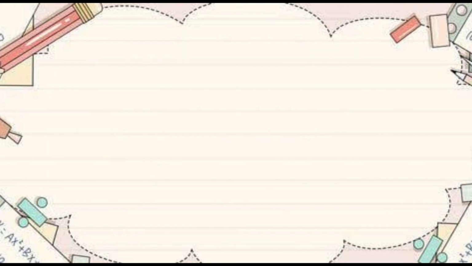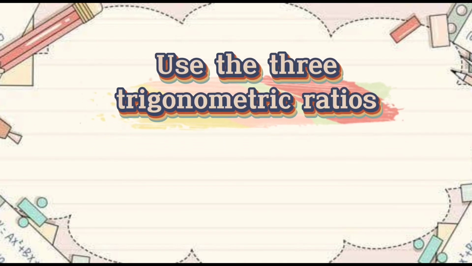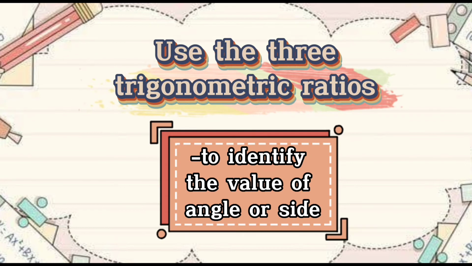So now I have a lot of examples here. All you have to do is use the three trigonometric ratios to identify the value of the angle or side. Okay?